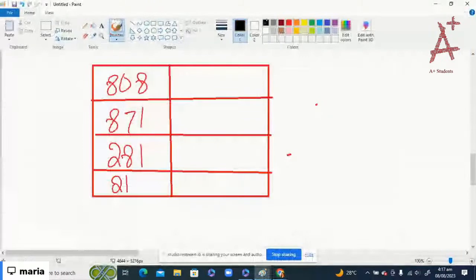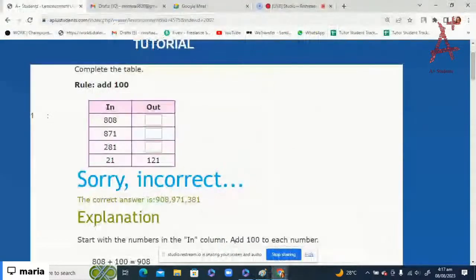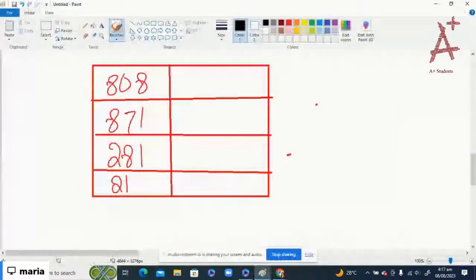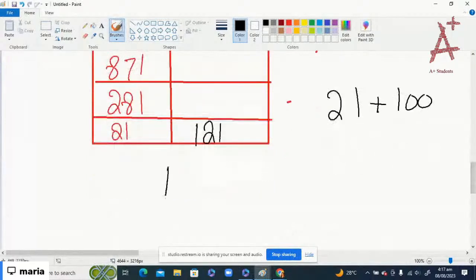And also mentioned the rule, you are going to add 100. So where are we going to start? We just add it. And also mentioned here, the answer of the last is 121. It means 21 plus 100. Okay, let's add it. Here is 100. Put 21 over there.